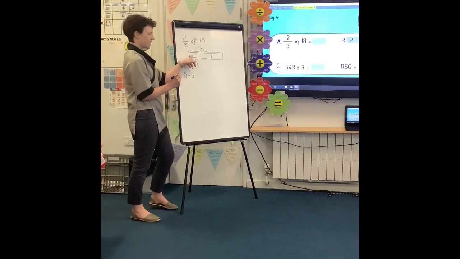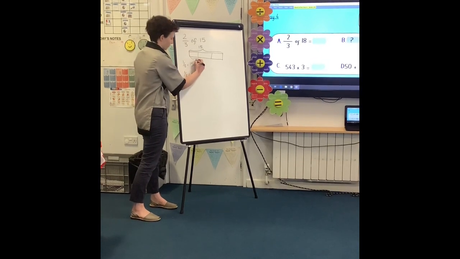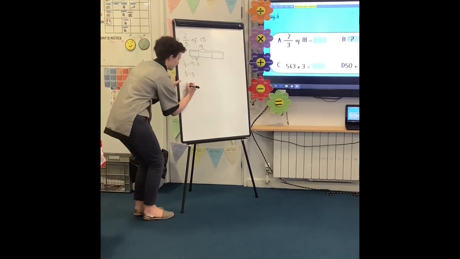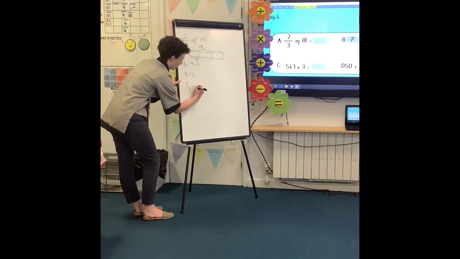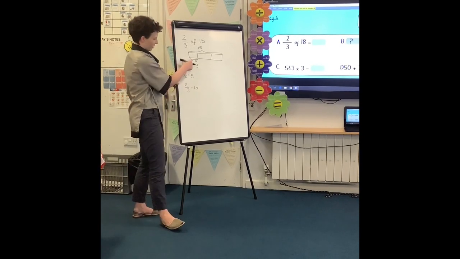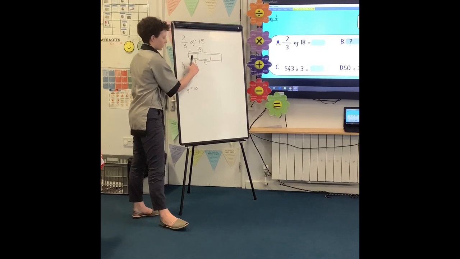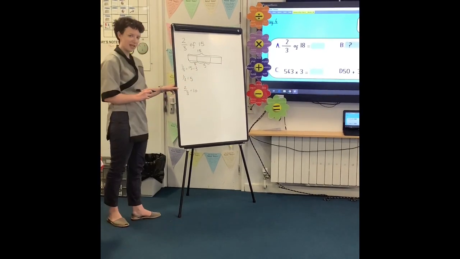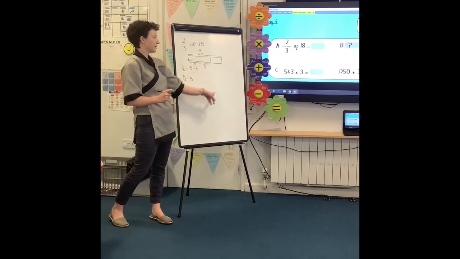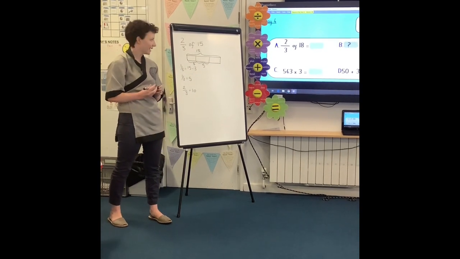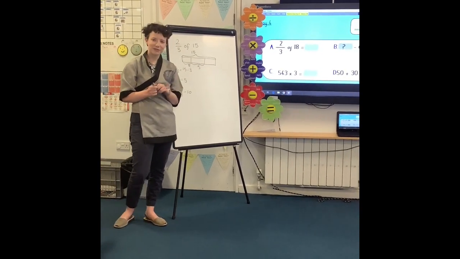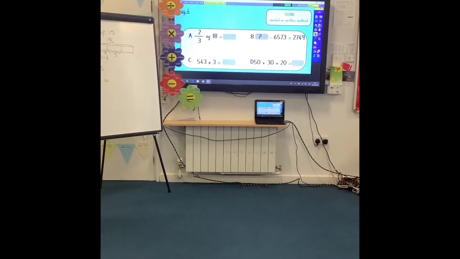Now, I don't need 1/3, I need 2 of them. So I can say that 2/3 will equal 10, because if 1/3 equals 5, another third equals 5, so in total 2/3 is equal to 10. So you can use this approach to help you when you try A. So good luck, and pause the video and come back to check your answers.